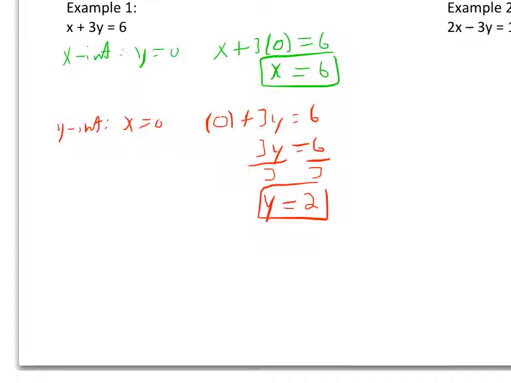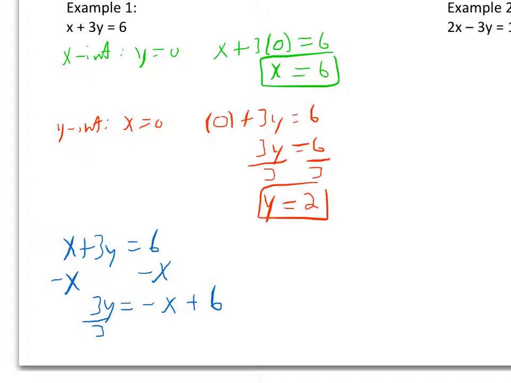Now, writing that in slope-intercept form, we would get y by itself. I would start by subtracting x from both sides, and since it's mx plus b form, I'm going to write the x first.